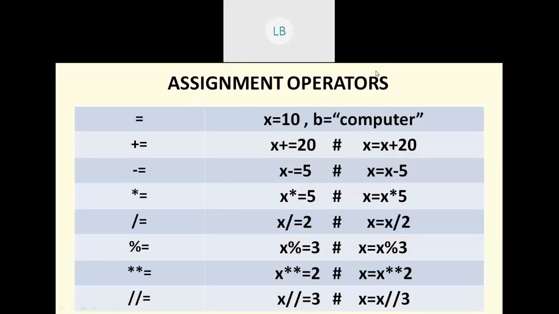The next one is the assignment operator. This equal to sign is a simple assignment operator. You can see in this example, x equal to 10, which means I have assigned the value 10 to the variable x using this assignment operator.